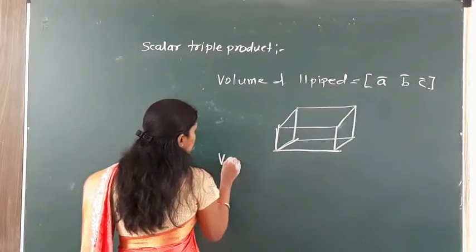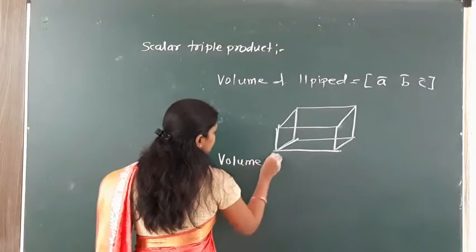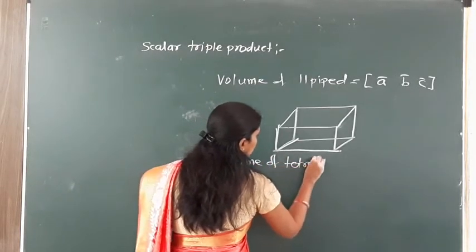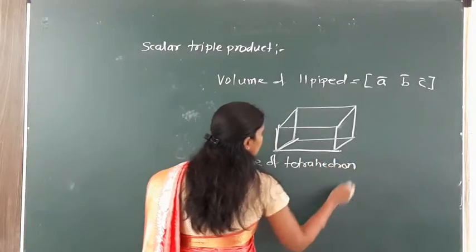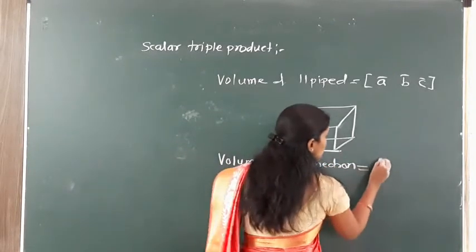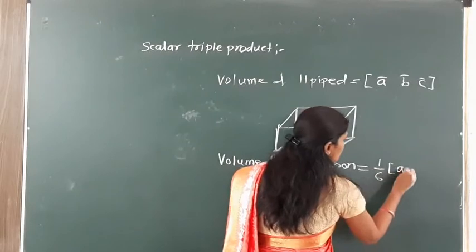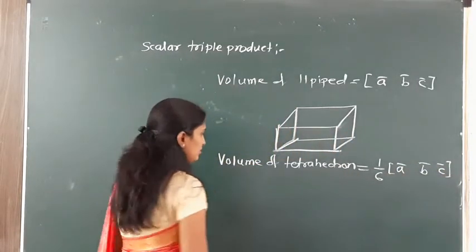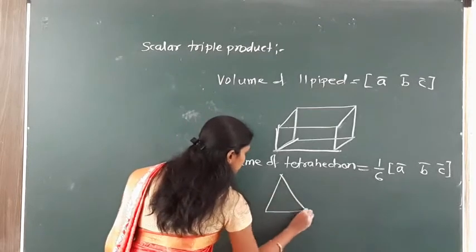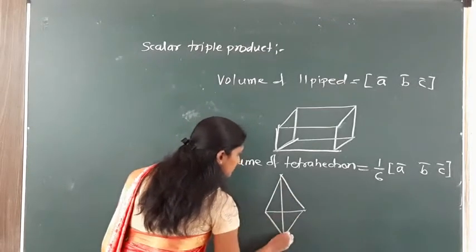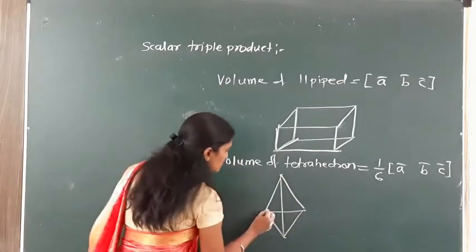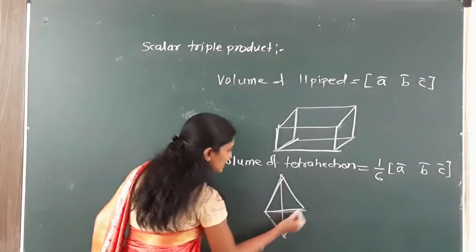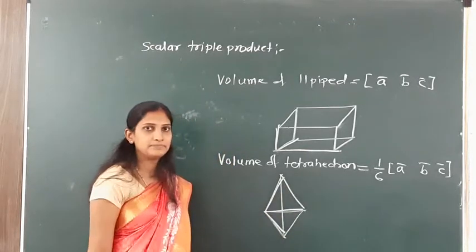Now, next is the volume of a tetrahedron. What is the volume of a tetrahedron? It is 1/6 of the box product of A bar, B bar and C bar. This is a tetrahedron. Suppose this is A bar, B bar and C bar.